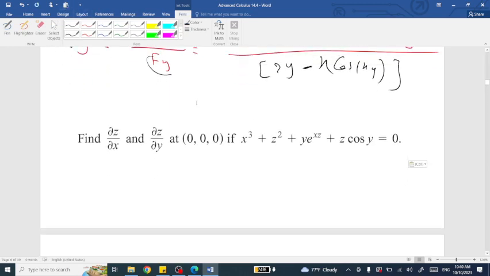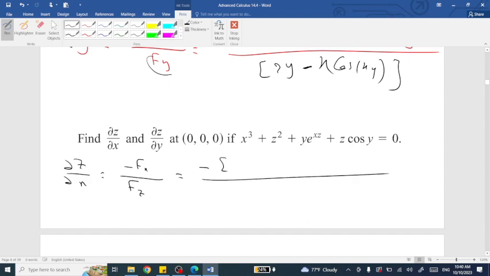Yalla jamaat. Partial z again people. So we see that partial z by partial x, because it's implicit, I'm going to write minus fx over fz. Am I right? Which is equal to minus, by x, by x. Am I right?